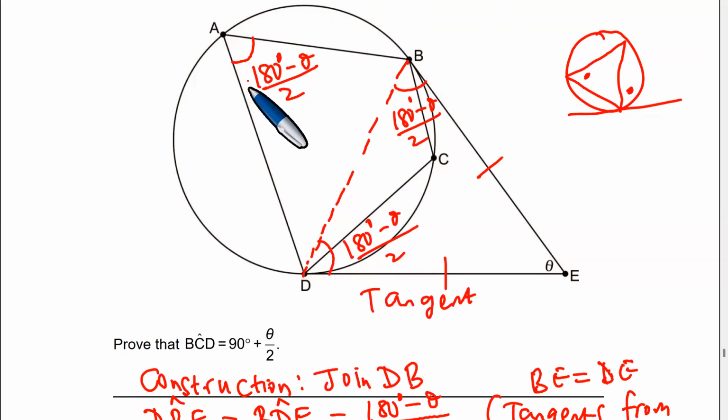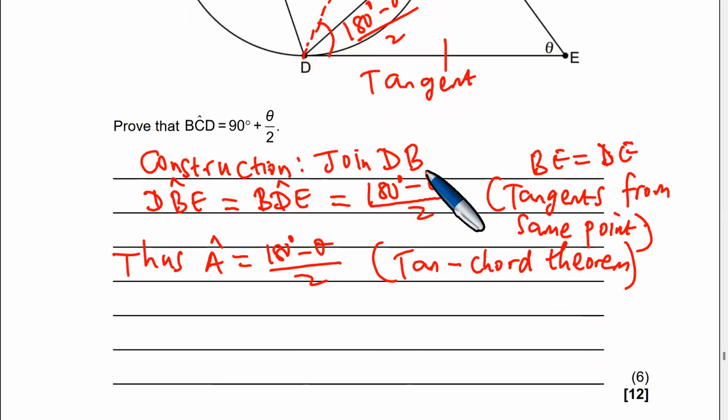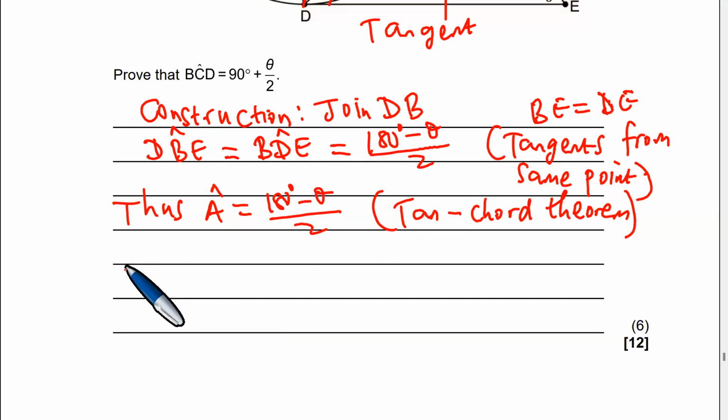Opposite angles of a cyclic quad: angle A plus BCD must be 180 degrees. Why?